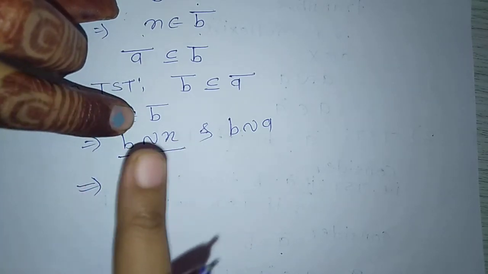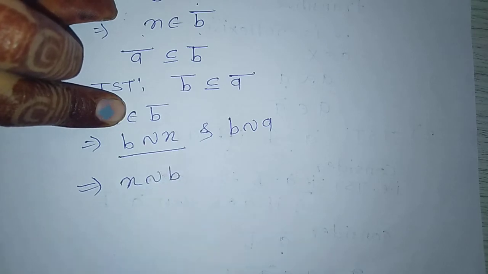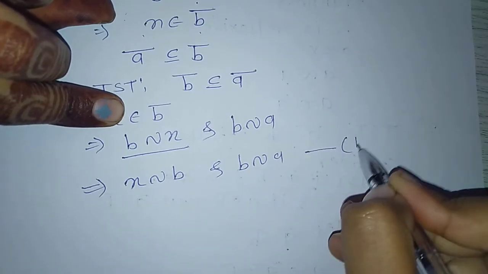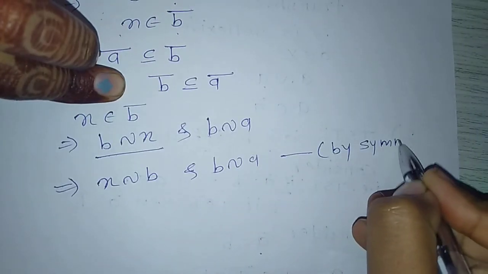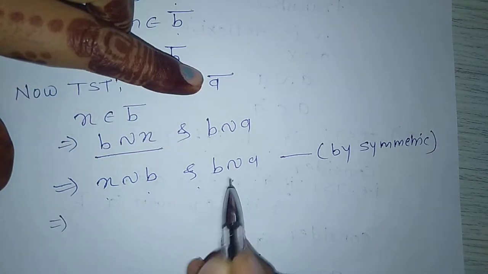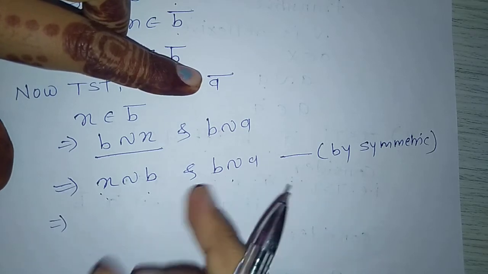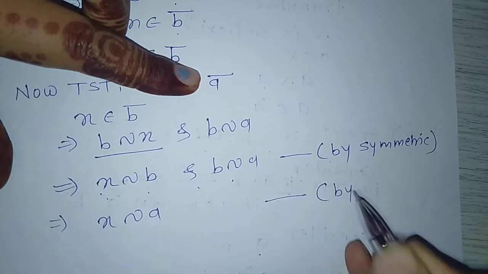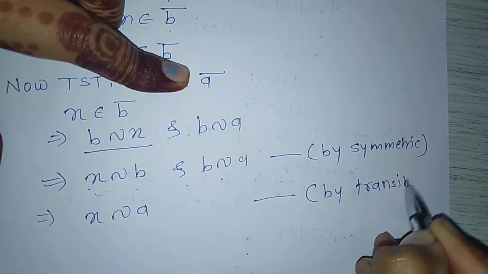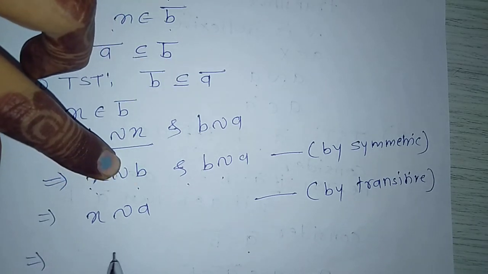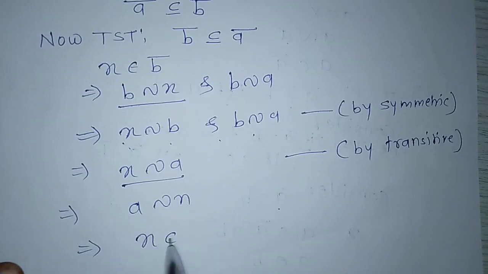B relates to x means x relates to B by the symmetric property, and B relates to A means A relates to B by the symmetric property. x relates to B and B relates to A means, by transitivity, x relates to A. x relates to A means, by reflexivity, A relates to x, which implies x belongs to A bar.